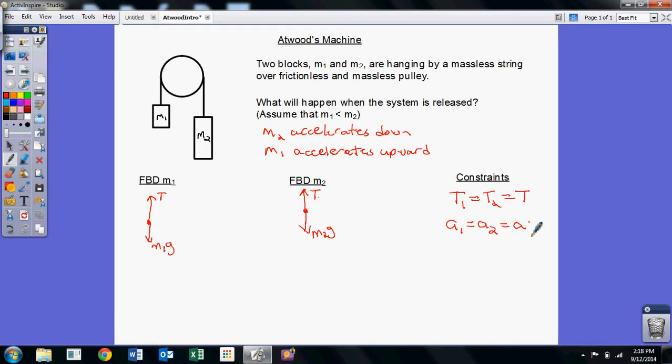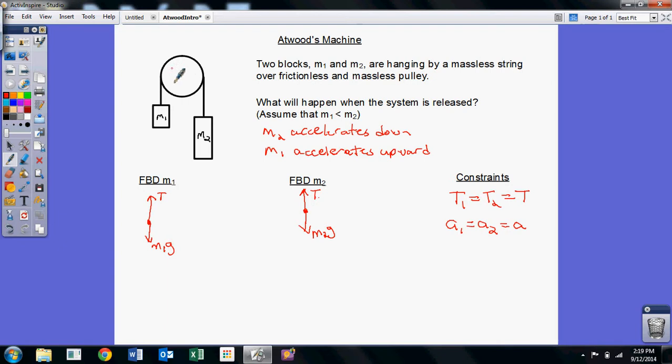There's one other thing, I hate to use the word trick, that we need to look at in this system. Usually we define an upward acceleration as positive and a downward acceleration as negative. In this case, one block accelerates upward and one downward, but with the same magnitude. Anytime you have a pulley in a situation like this, it helps us define this.